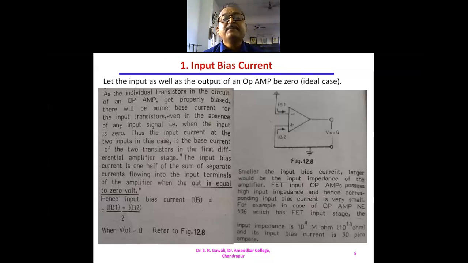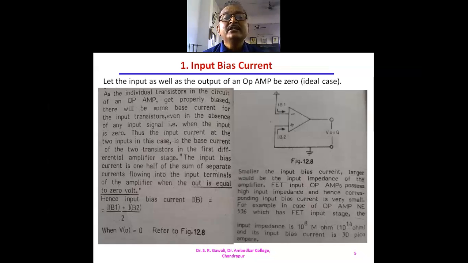First of all, we will see the first parameter, the input bias current. We assume that in the operational amplifier the applied input is 0, and therefore the output should be 0. With no input, there should not be any output. This is the ideal case. But the individual transistors in the circuit of an operational amplifier must be properly biased.